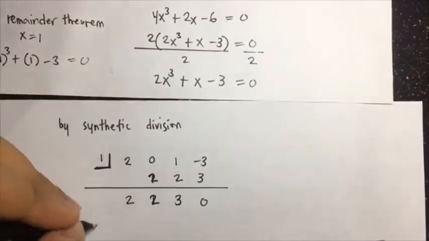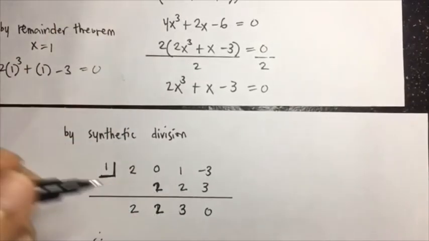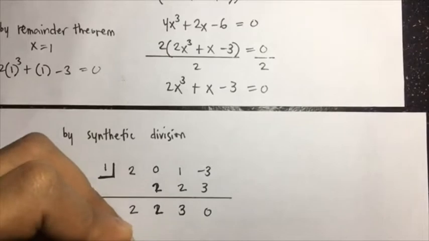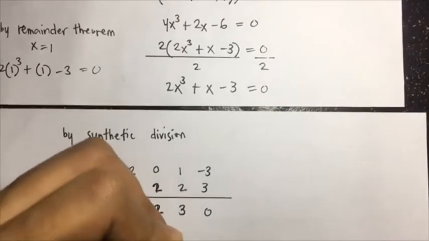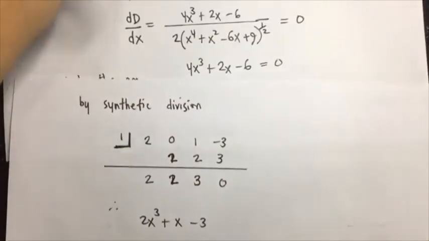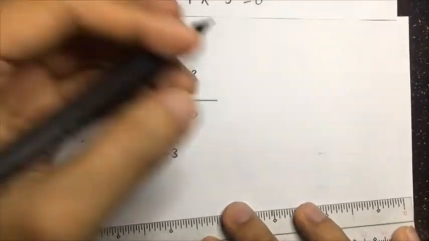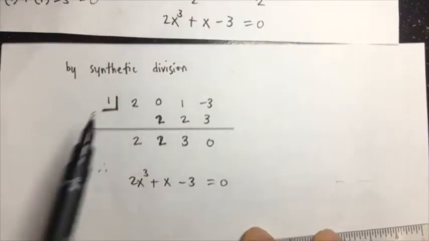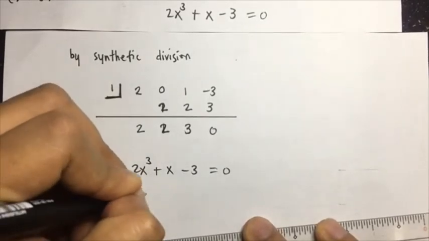So therefore, factoring 2x cubed plus x minus 3 is equal to 0, one of its factors is x is equal to 1, or x minus 1.